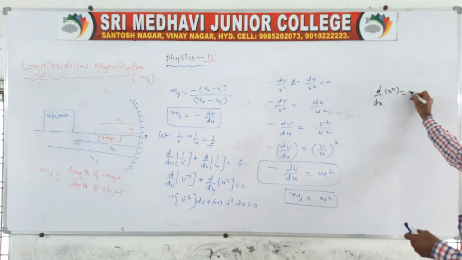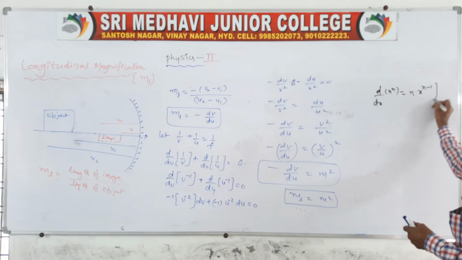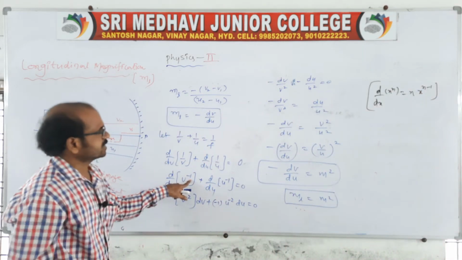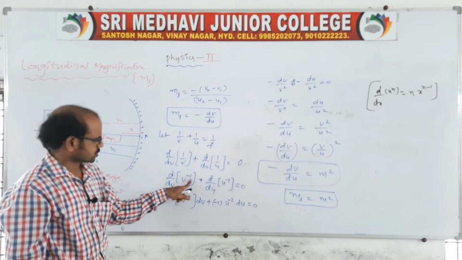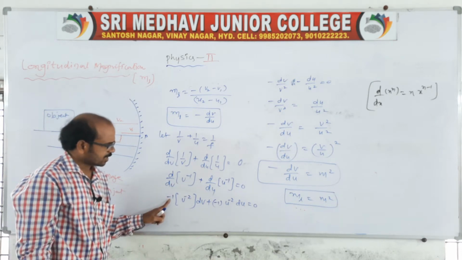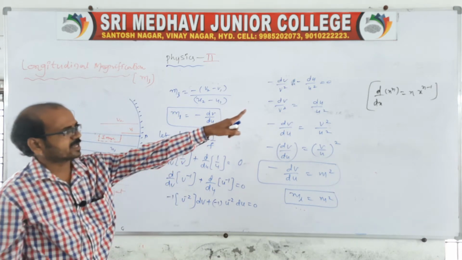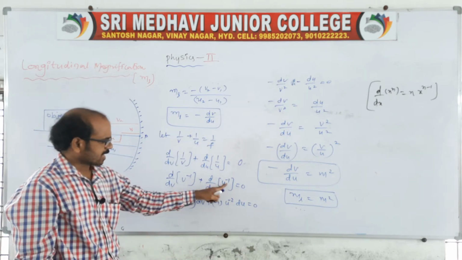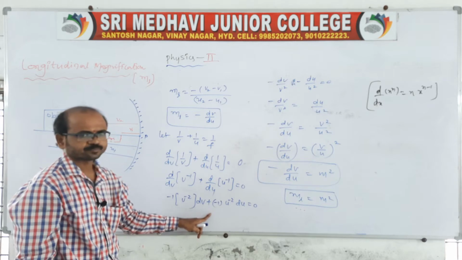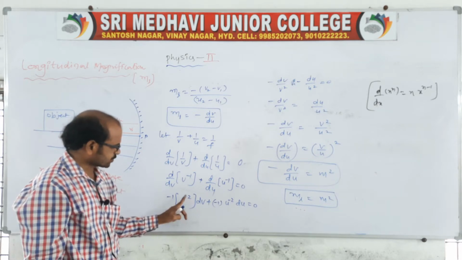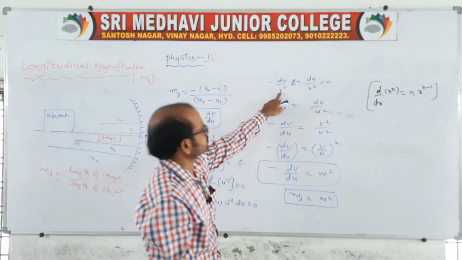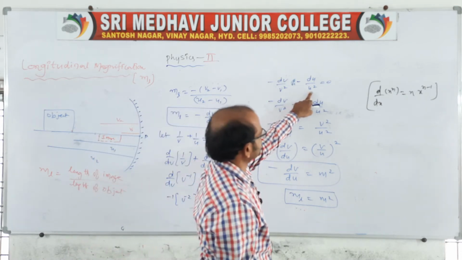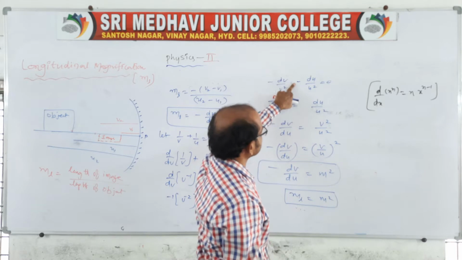Here n is minus 1, so we get minus 1 into x power minus 2. Like that, here also we get the same. Taking the minus 2 power to the denominator, it becomes positive, and the same here. Then the minus sign remains the same.